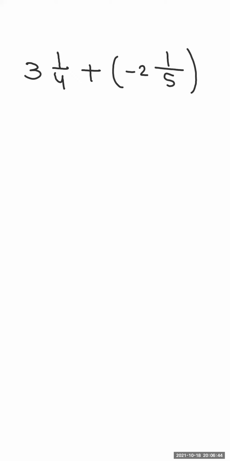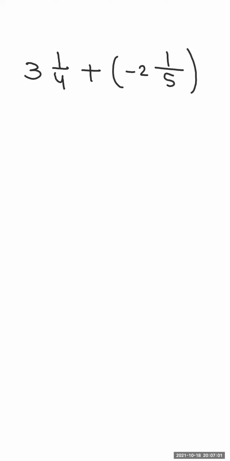One more question like this, mixed numbers: 3 and 1 over 4 plus negative 2 and 1 over 5. All of you listen to me. In this case, guys, to solve such type of questions, whenever you see a mixed number, just convert it into an improper fraction.